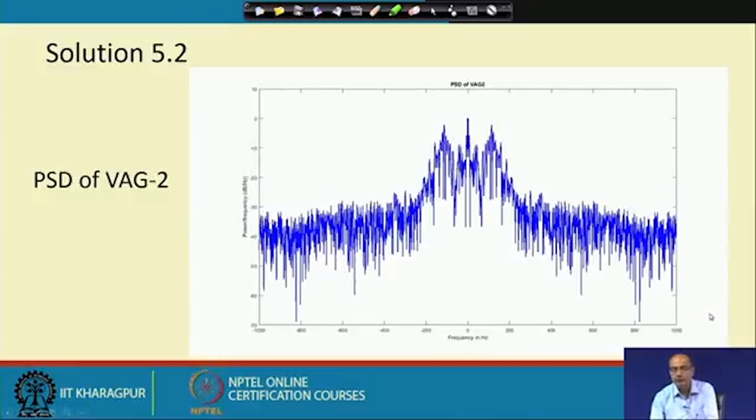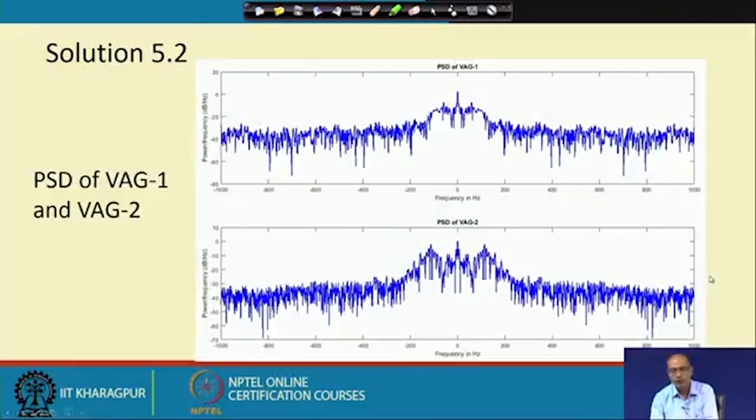If we flip through, go back again to VAG1 and come back, we see two peaks here nearby the 0 frequency, they are more prominent. That is the essential difference between the two spectra. Now, to see it more clearly, we show them in the same pane, and we can see that the basic nature of these two is the same. The highest value is at the DC value.